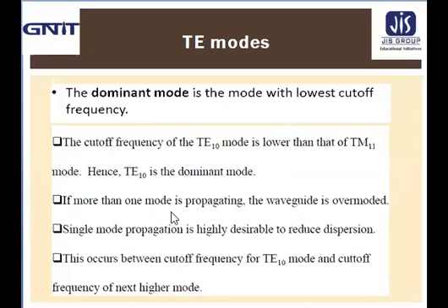And if more than one mode is propagating, the waveguide will be over-moded, and single mode propagation is highly desirable to reduce the dispersion. And this occurs between the cutoff frequency for TE10 mode and the cutoff frequency of the next higher order mode.